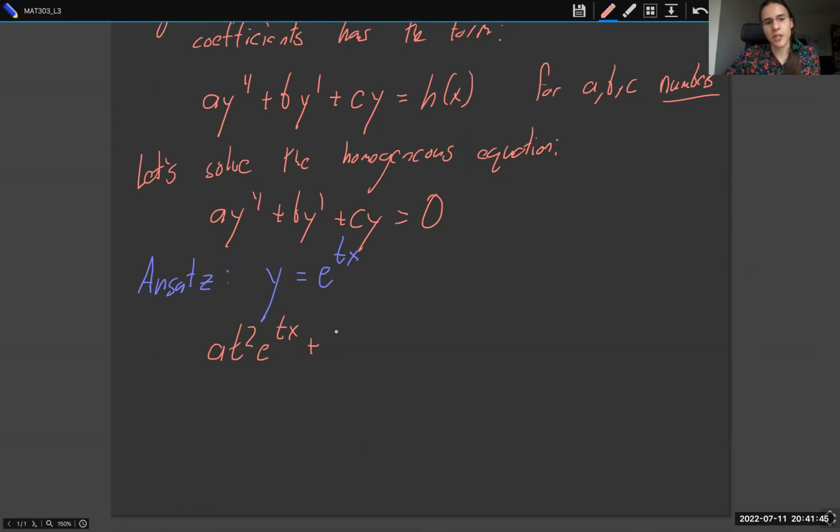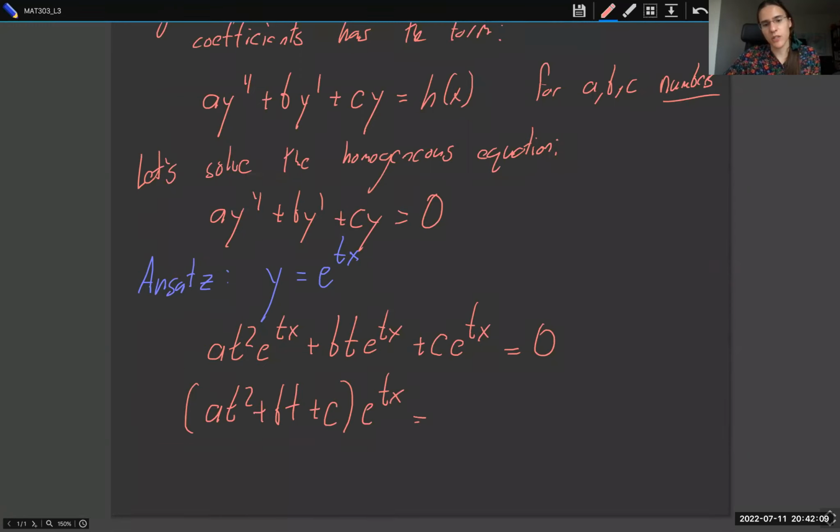So here I'll get b t e to the tx, and here I'll get c e to the tx, equal to 0. All of these are multiplied by e to the tx, so we can factor it out and get a t squared plus b t plus c, times e to the tx, equal to 0.